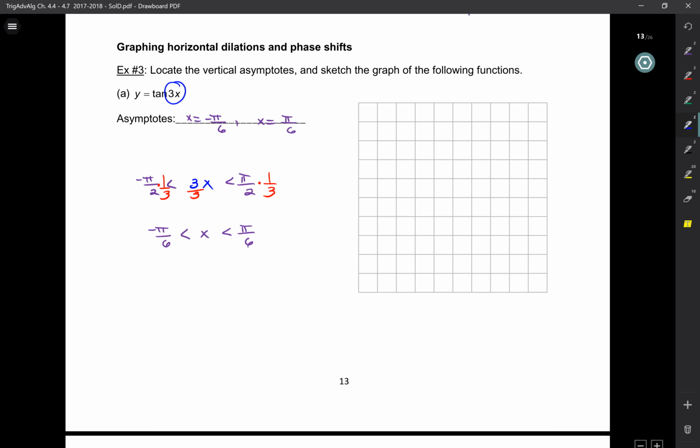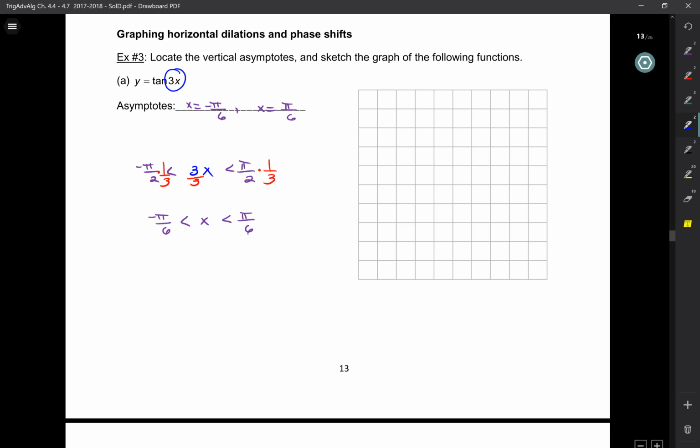Are they always going to be? No. If there is a phase shift, like if it was 3x plus 2 pi or 3x plus pi over 2, like this one, let's say, then it'll be different. Yeah. I mean, it's more purposeful, but yeah.